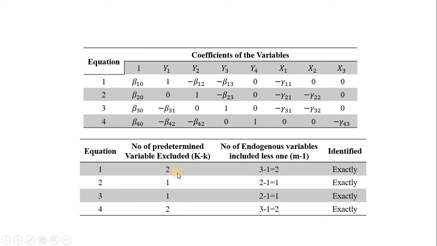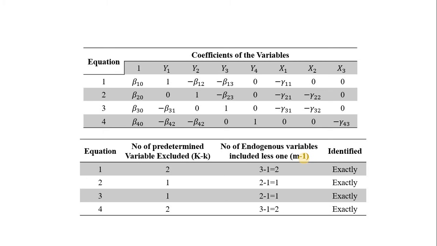Then the number of endogenous variables minus 1: 1, 2, 3. Three endogenous variables are there. Minus 1 is equal to 2. So K minus k is equal to 2, m minus 1 is equal to 2. What we can say is the equation is exactly identified.